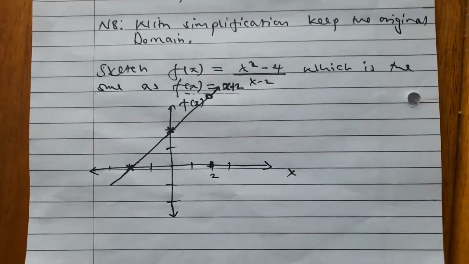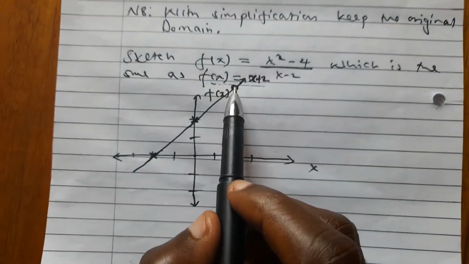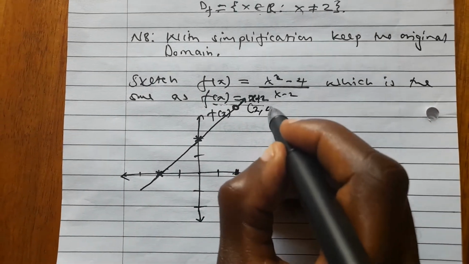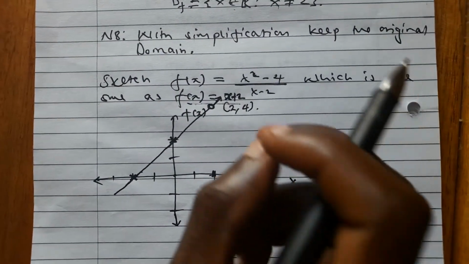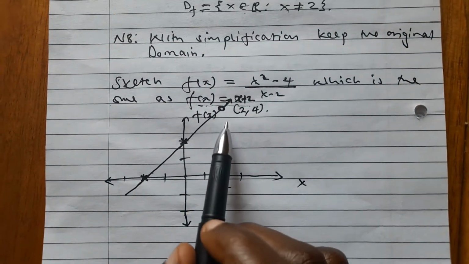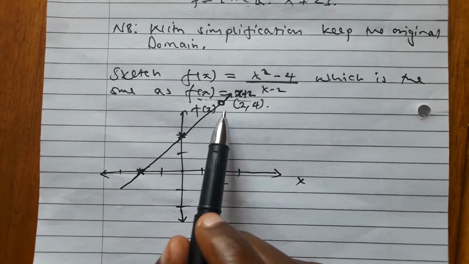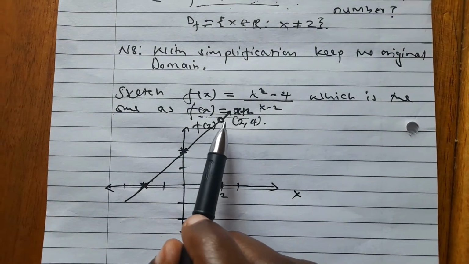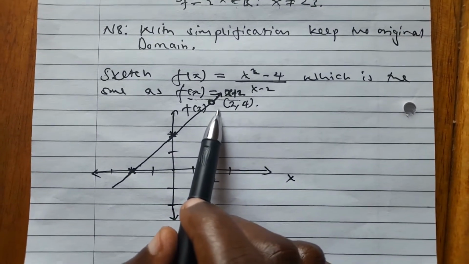It is removable because we can use a single point to fill this hole. And that point that can fill this hole is (2, 4). Whenever we can use one single point to fill that hole, that discontinuity is called a removable discontinuity.